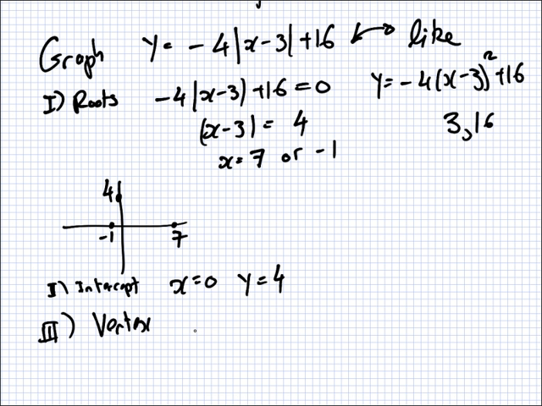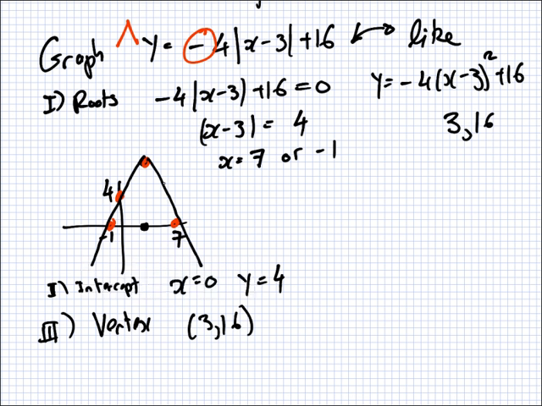So here the vertex would be at 3, 16, which is going to be in the middle, like here, and 16 is going to be up here. Okay? So you have 4 points. And because of the minus, this will be upside down. So it goes up to here and back down.